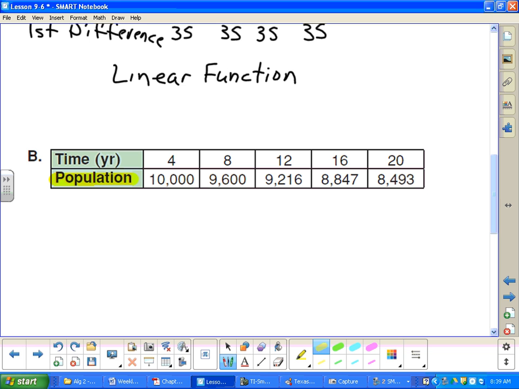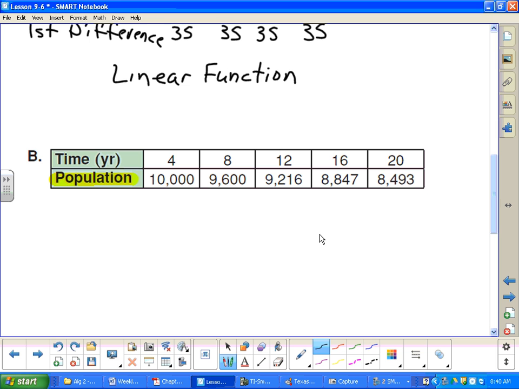If it changes by a percentage, that means that each time, to get from one to the next, I have to multiply by a certain percentage. So when I see population, most of the time my first thought is that this is probably exponential. So I'm going to check to see if it has constant ratios. I look at the time and year: my x values are independent, they change by a constant rate.